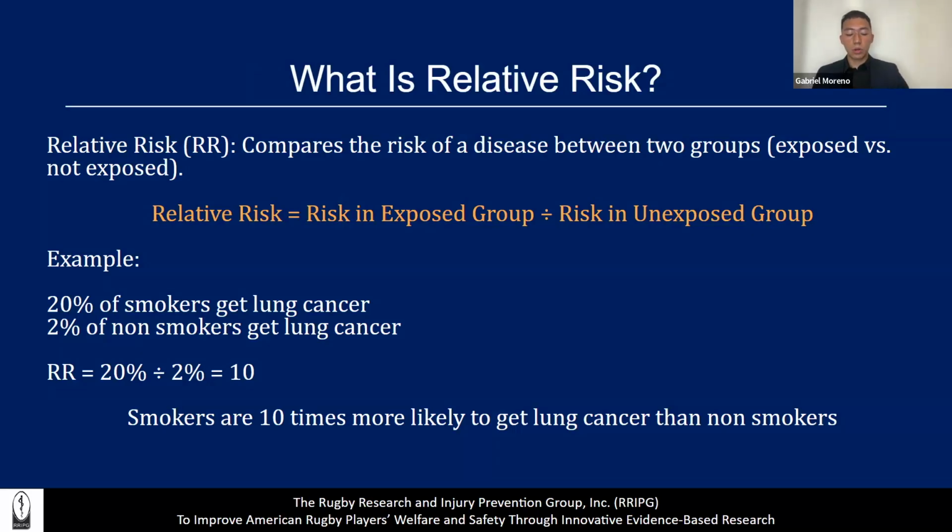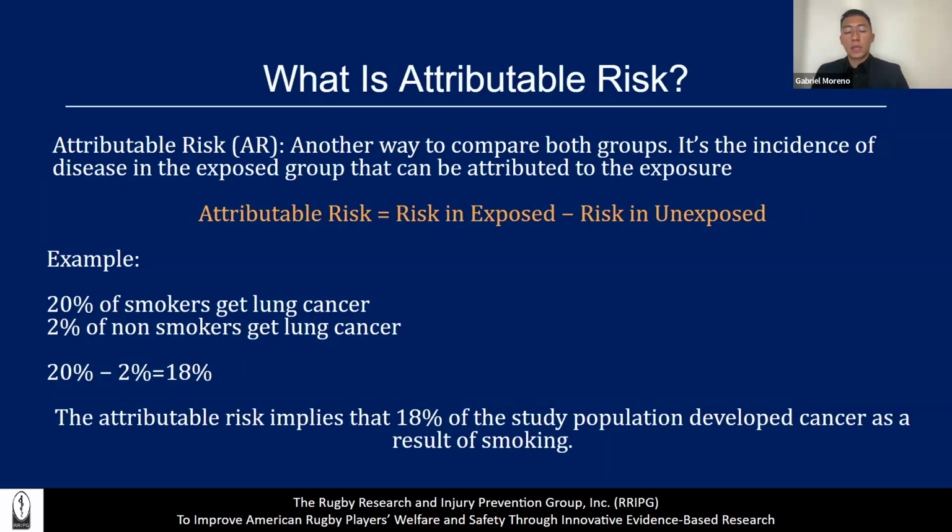So 20% of smokers get lung cancer and 2% of non-smokers get lung cancer. So in this case, it's 20% divided by 2%, and it gives us 10. We interpret this as smokers being 10 times more likely to get lung cancer than non-smokers.